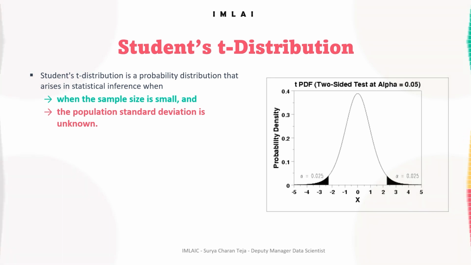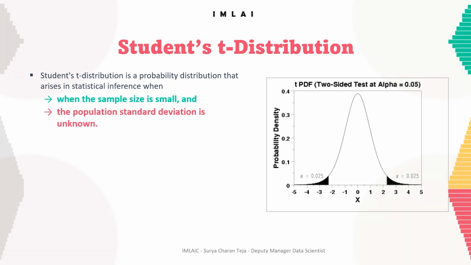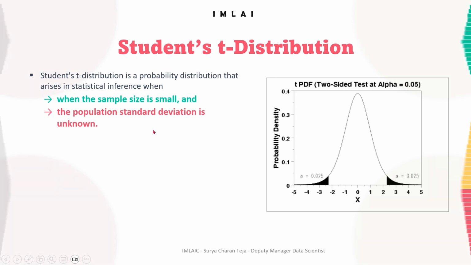In most of the cases you will not know the standard deviation of the population, because you will never be doing the survey on your complete population. You will take a sample, and on the sample you will be doing the survey. So that's the reason most of the cases you will not be having the population standard deviation, and that's the reason the students t distribution would be used widely for respective tasks.